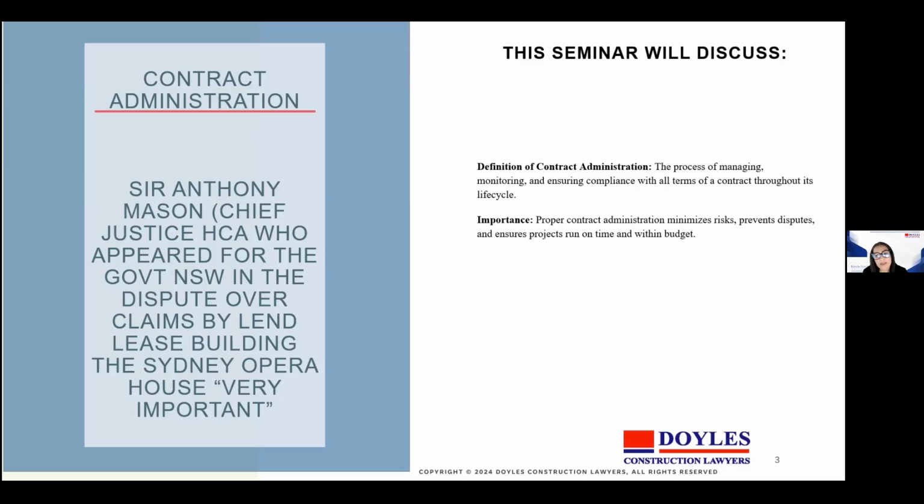Now, to give you an example, the Sydney Opera House, a landmark which we're all familiar with, is a classic example of administrative failure, not just design ambition. The construction of the Sydney Opera House began on 2nd of March 1959, and it took 14 years to complete, significantly exceeding the original 4-year deadline and budget of $7 million.